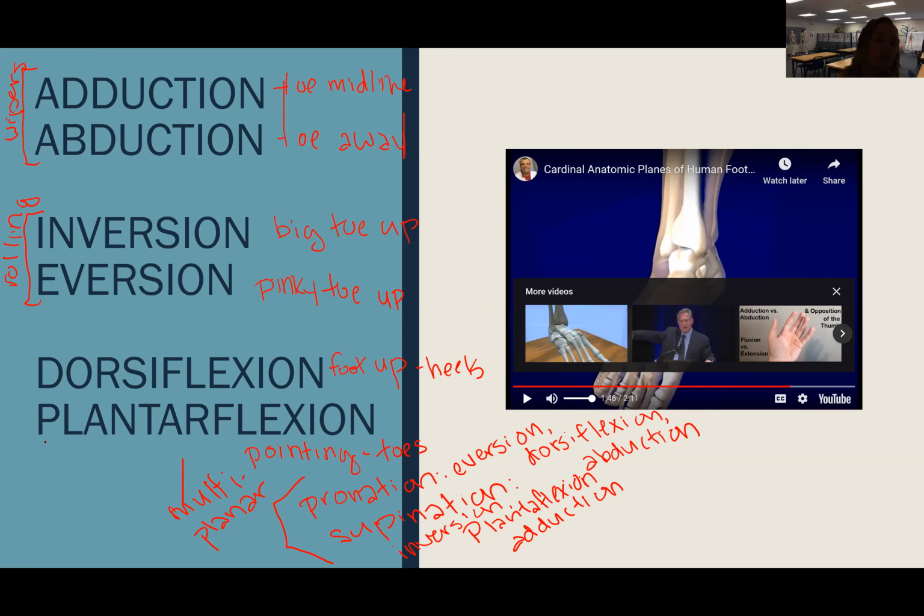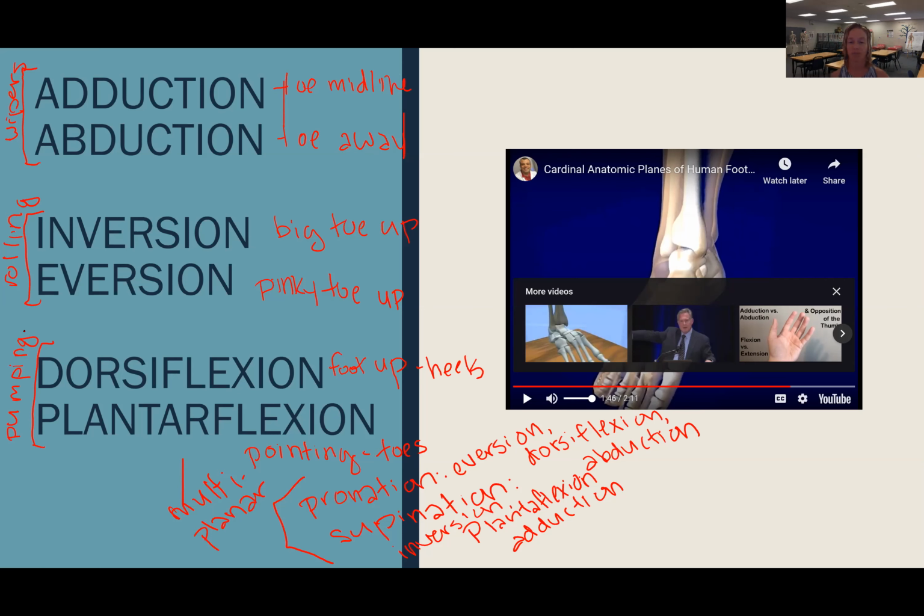And then dorsiflexion and plantar flexion, we are pumping our ankles. So these are the three movements. We have the rolling, big toe up, little toe up. And then we have pumping, going up is dorsiflexion and down is plantar flexion, okay?